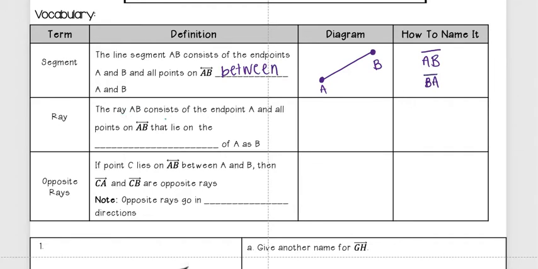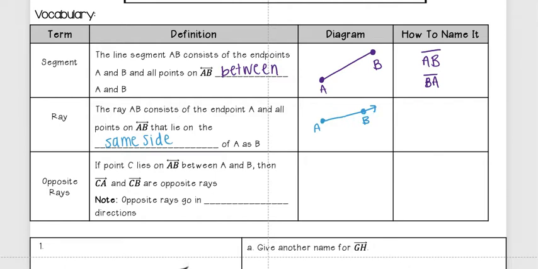Okay, and then the ray AB consists of the endpoint A and all points on AB that lie on the same side of A as B. So to do a couple of illustrations of that, I could have the endpoint A, like it says in the description, and then B. So now it has one endpoint, like the line segment here, but then the other side has an arrow at the end.